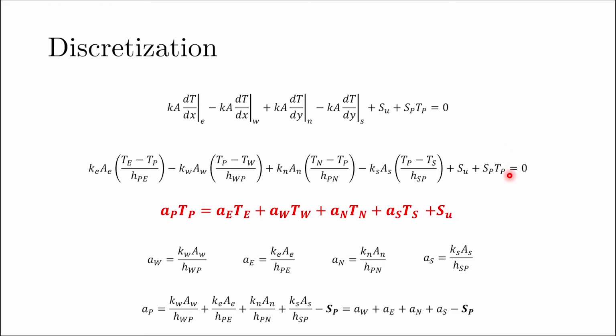This SP comes from the plus SPTP, but when you arrange the equation in this form, you would see that SP comes out with a negative sign. That's the only change. If we use this linearized version of the source term, that is the only change we have to make in the Python scripts or any existing codes you have written if you want to consider the source. That is where the finite volume method again presents a very convenient expression: you still have the same form of the discretized equation with some minor changes.